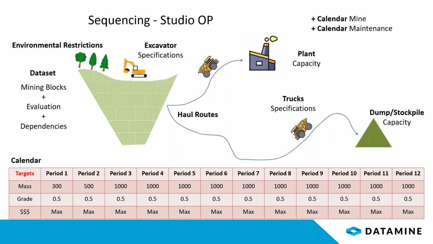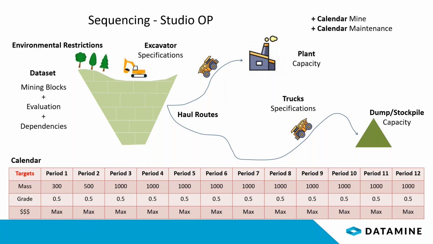That's my point here. You can also have environmental restrictions that will only allow you to access or mine a certain area after you get a mining permit or a license. On top of that, there are a couple of targets that you define yourself based on what you want to happen in your mine operation. For example, you might want to feed your mill at a certain predefined amount and then increase this amount later on.